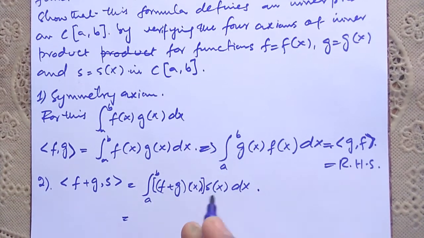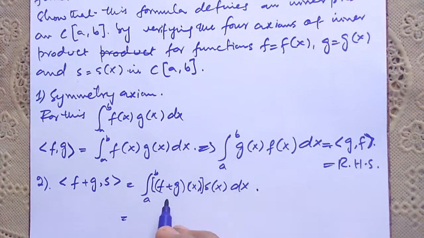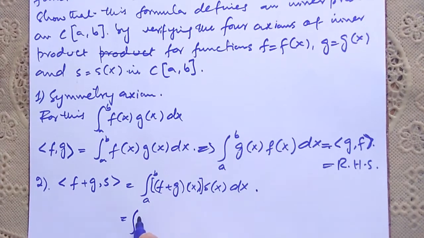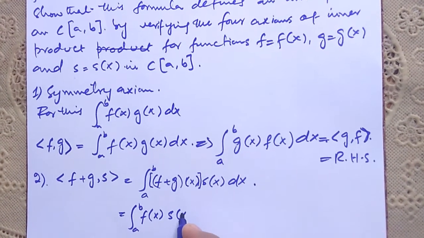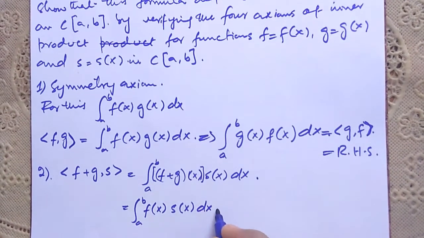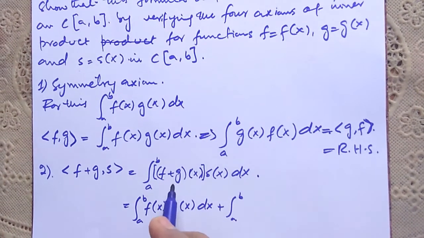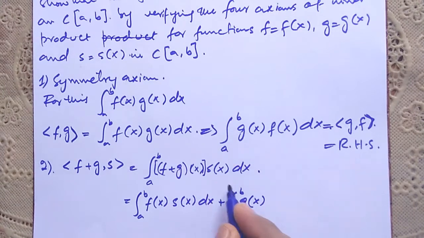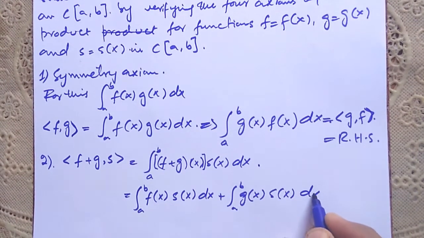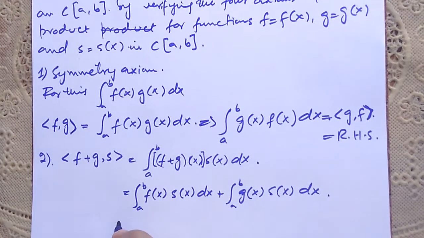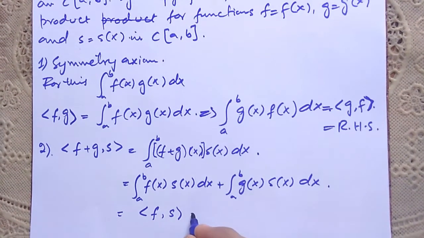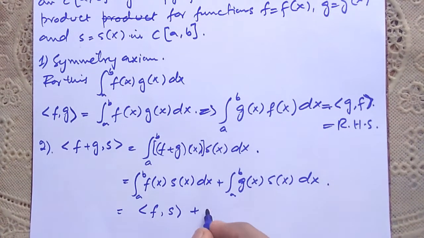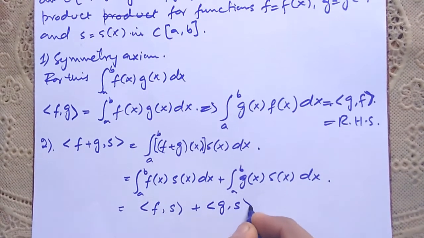Now you can use the property of the integral, so you can write this integral as integral from a to b f of x times s of x dx plus integral from a to b g of x times s of x dx, and it is the product of f and s plus the product of g and s.